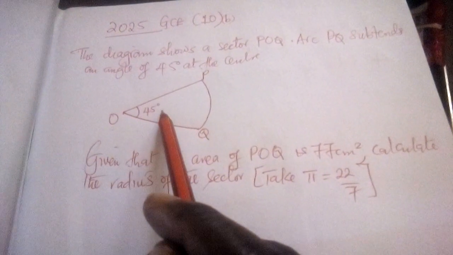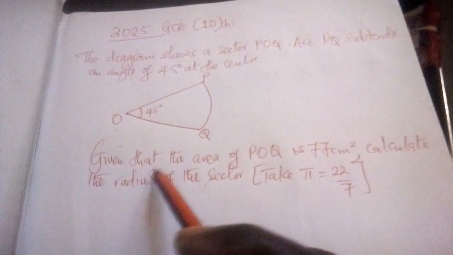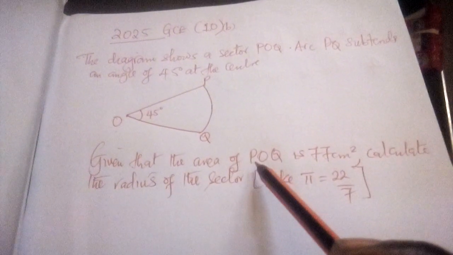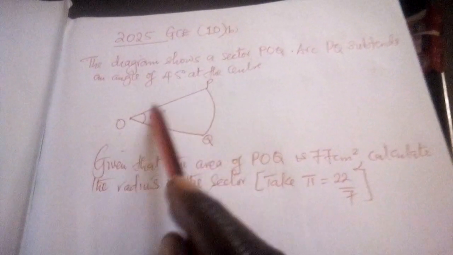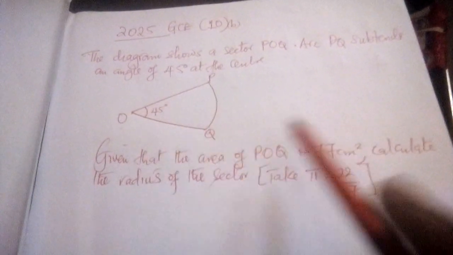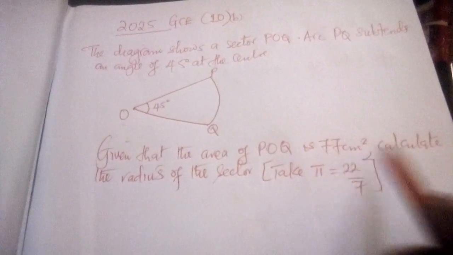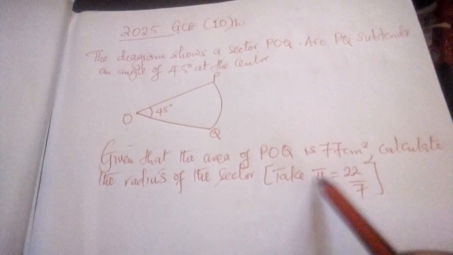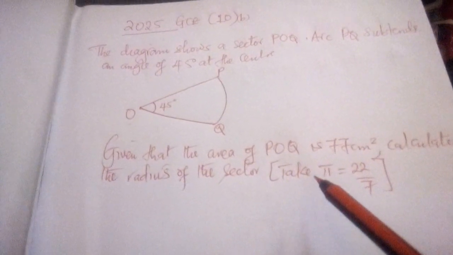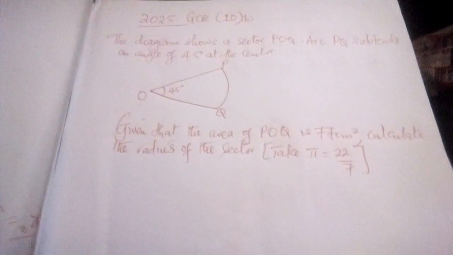Then they have gone further to say, given that the area of POQ, the area of this whole sector there, is 77 centimeters squared, calculate the radius of the sector. Take pi to be 22/7. How then can this question be solved without using a calculator?